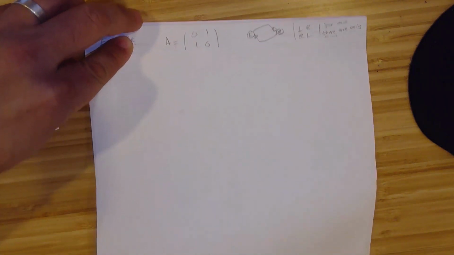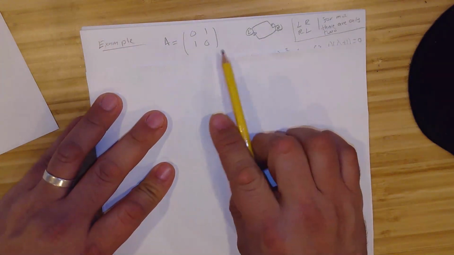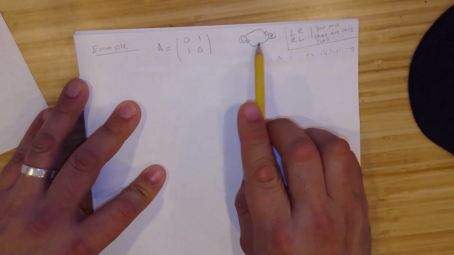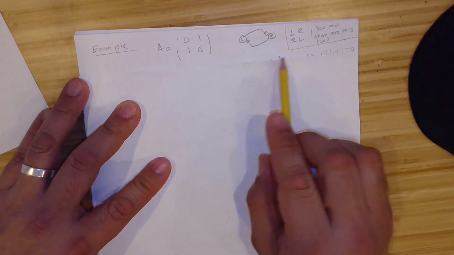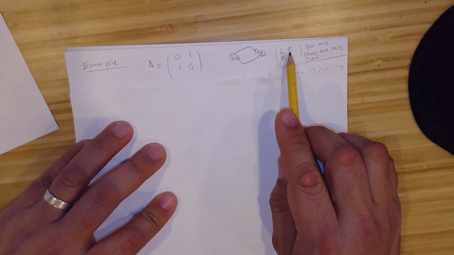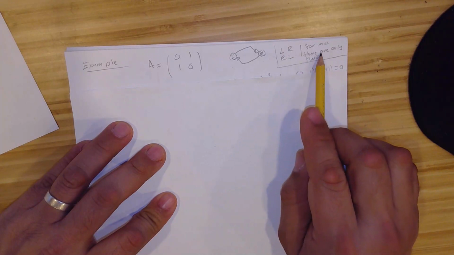This is an example that I have here. So we have again this matrix, a very simple matrix because this is the example that we want to have. This is the finite state automata. Let's say we are using the symbols left and right, there are only two symbols.